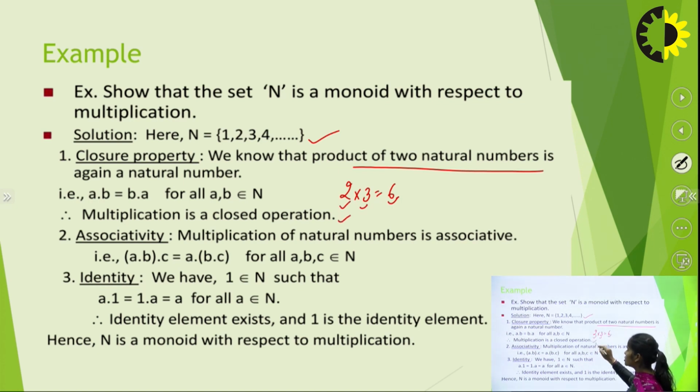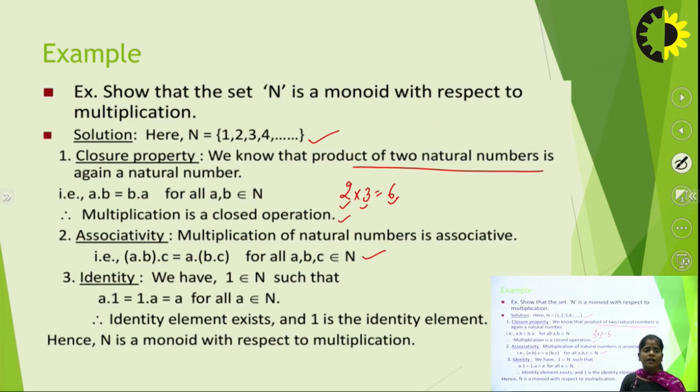So multiplication is closed with respect to natural numbers, right? Now come to associativity. Yes, multiplication is also associative under the natural number set. Then the third property is identity.